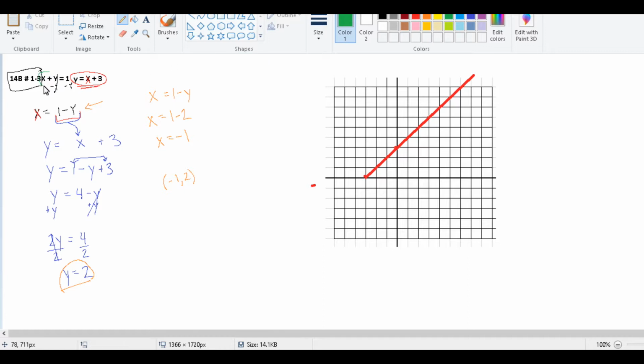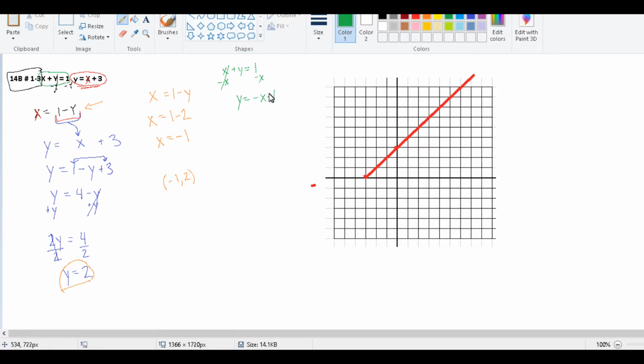So we had this one right here, x plus y equals 1. I know I've written all over it. X plus y equals 1. We want it in slope-intercept form, so it's easy to graph. So we're going to move the x over. We have y equals, I'll put the x first, so negative x plus 1.